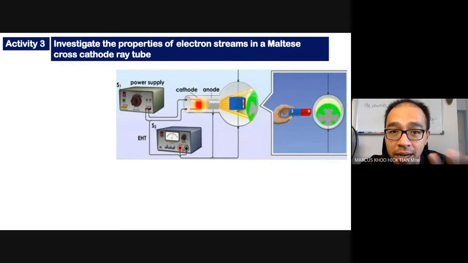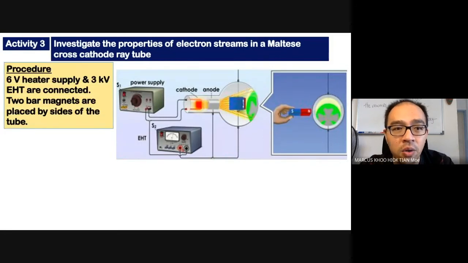But the idea is this. So now we know that if we just turn on the 6-volt heater power supply, we're going to get yellow light. When we turn on the 3 kilovolts, the extra high tension, it's going to change into green color, proving to us that the electrons are being accelerated.